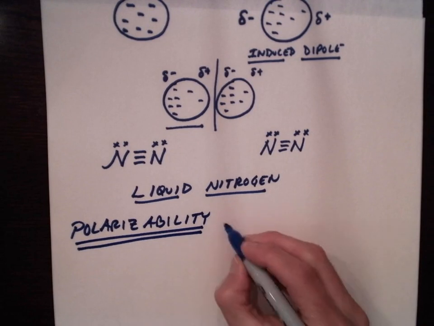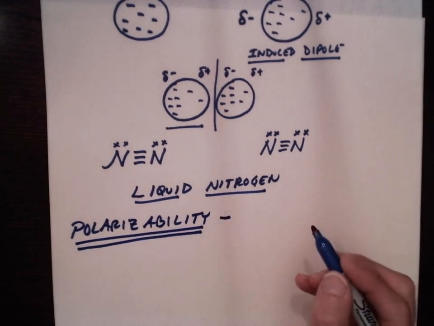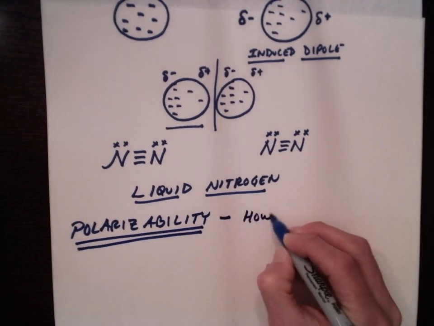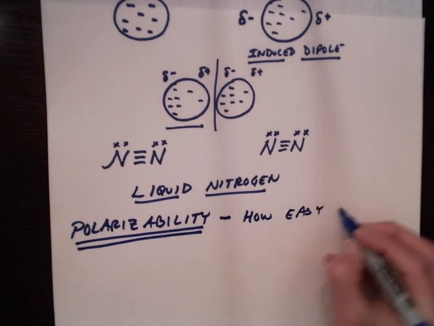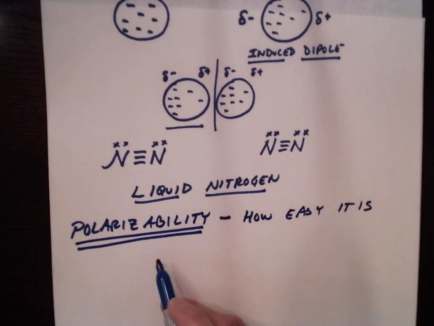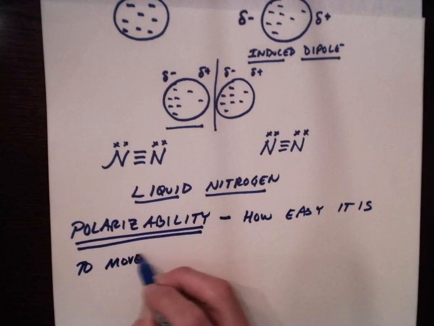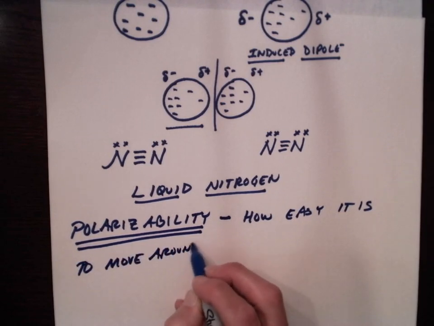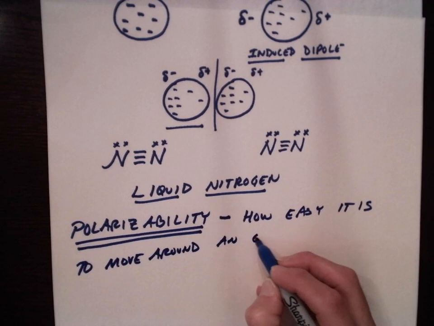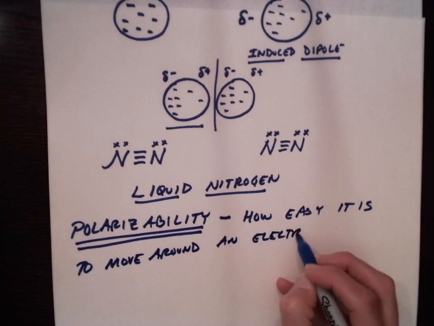And all polarizability means is how easy it is to move around an electron cloud in something.